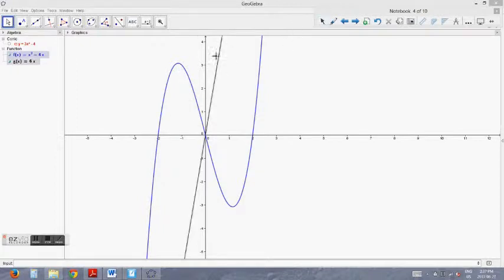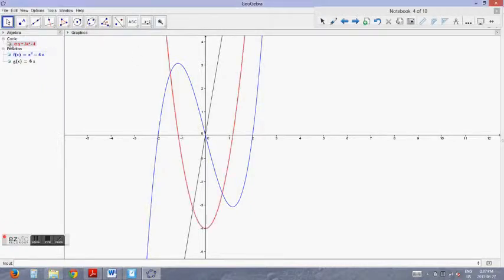I'm moving down, so I'm concave down, and at this point I begin to concave up. So there's our inflection point. The second derivative at that inflection point is 0. Note that, because at that point the first derivative is a maximum or a minimum. In this case, it's a minimum.